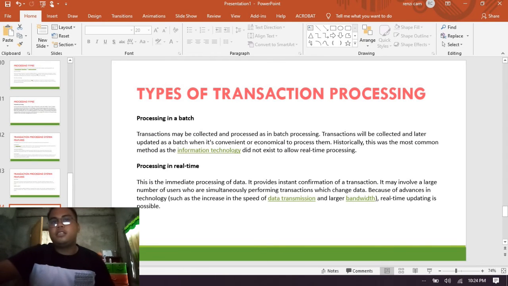Batch processing is the execution of a series of programs on a computer without manual intervention. Several transactions, called a batch, are collected and processed at the same time. The results of those transactions are not immediately available when the transaction is being entered.